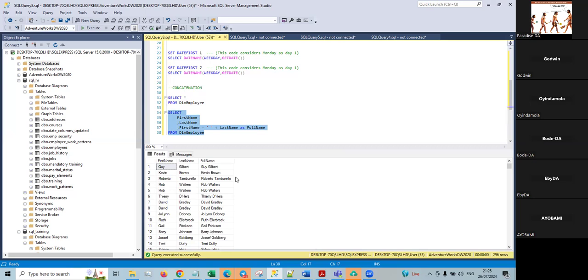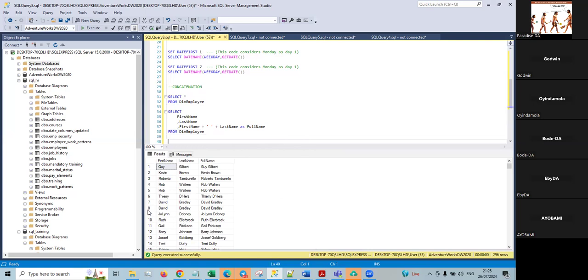Now, this is where we also use CAST. Last week, I said we stopped at the use of CAST, and I said we will continue with CONVERT. But I just want us to recap something so that we see how CONVERT comes into play here.